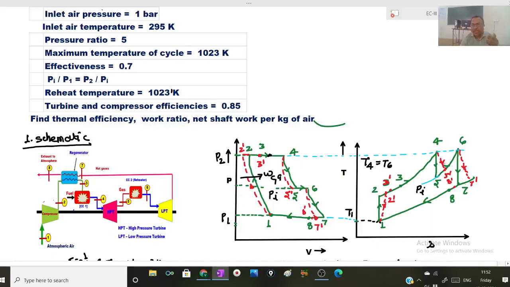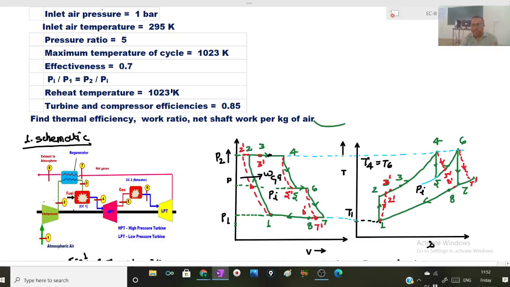What does it mean? If I have given the value of T4 and I could calculate T5 dash, I have known value of T6 equal to T4 and pressure ratio during the process 6 to 7 is also same. So what will be T7 dash?